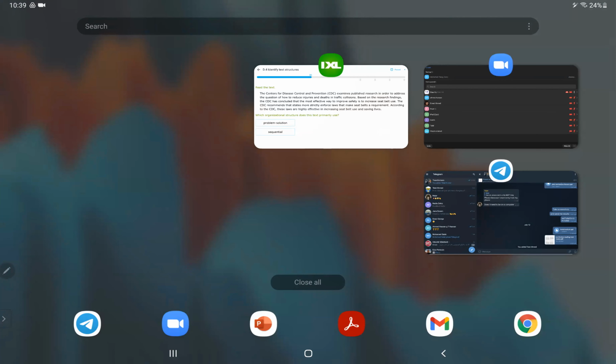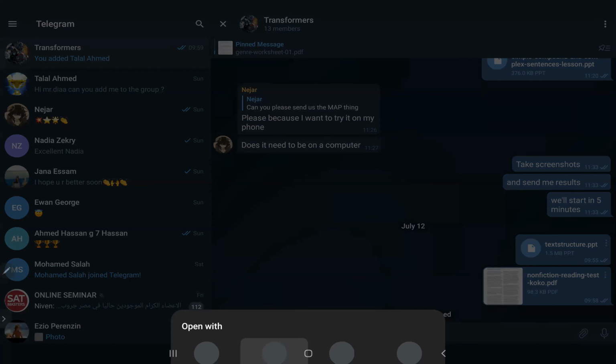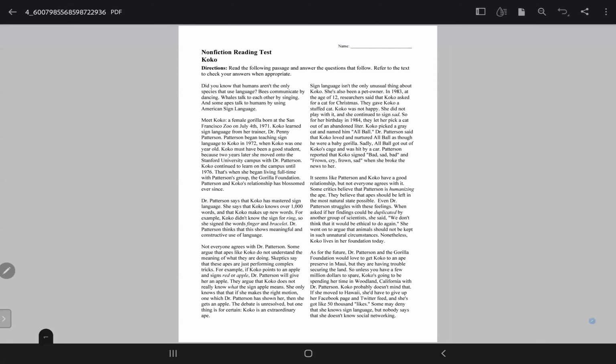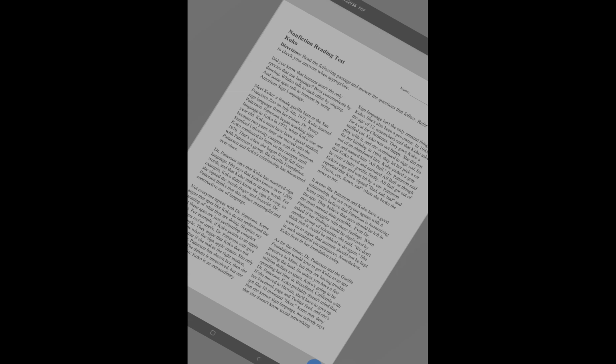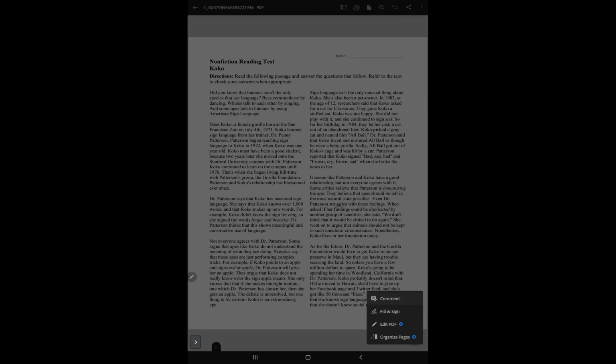So you will have a comprehension passage now. Now it's 10:40. You have a comprehension passage called Coco. You will read it, and of course, try to highlight while reading and do what I usually do, and maybe write small notes beside just to remember.